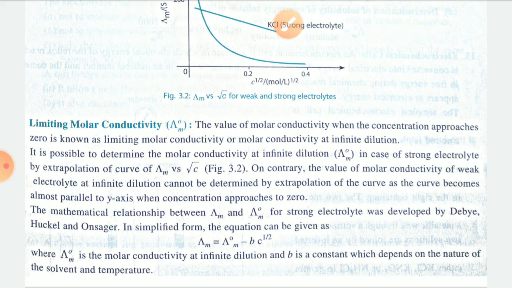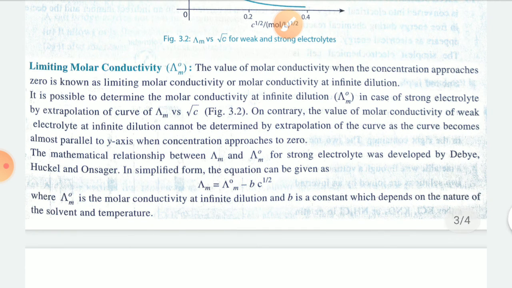It is possible to determine the molar conductivity at infinite dilution in case of a strong electrolyte by extrapolation of the curve of molar conductivity versus root of the concentration. On the contrary, the value of molar conductivity of a weak electrolyte at infinite dilution cannot be determined by extrapolation of the curve, as the curve becomes almost parallel to the y-axis when concentration approaches 0.